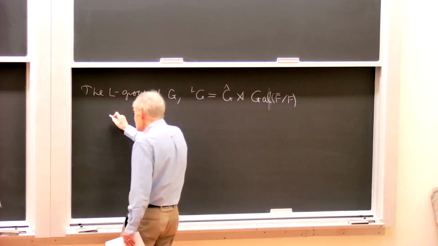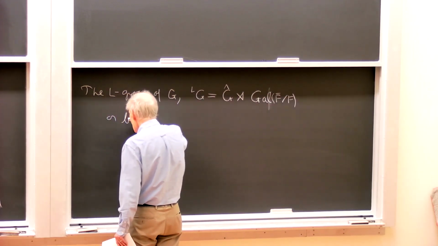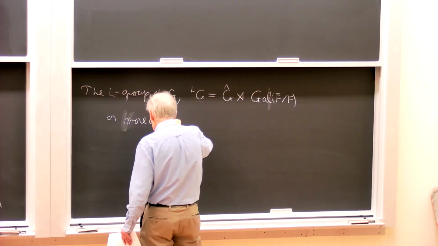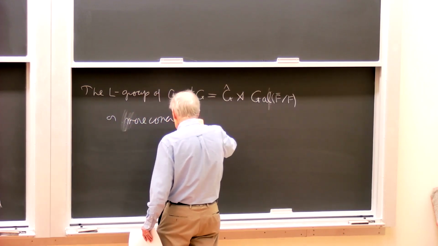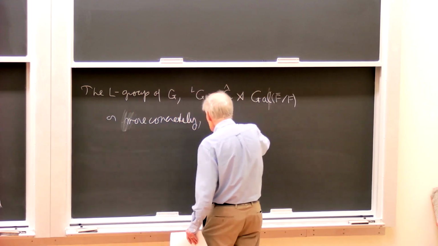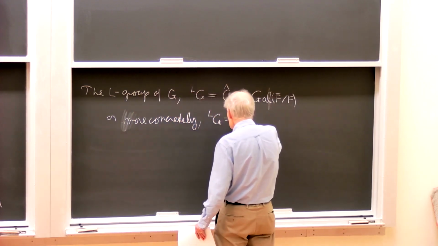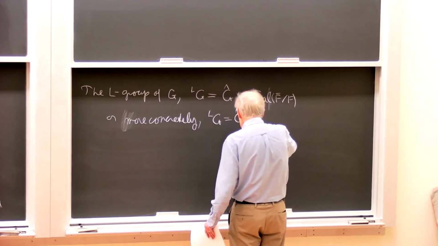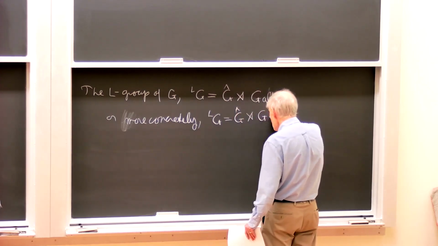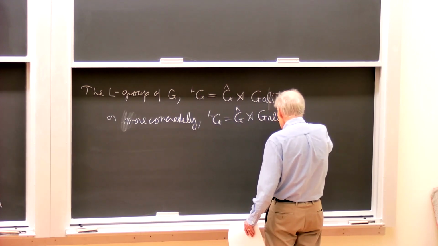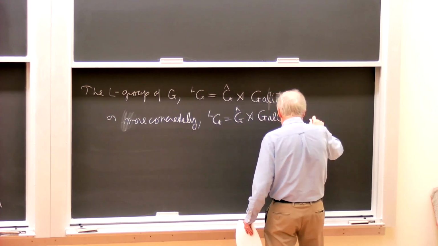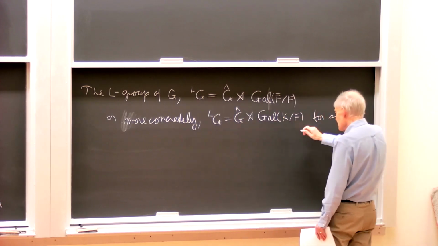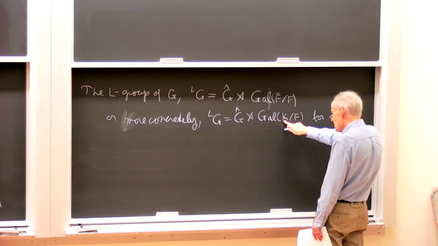So let's just say, or more concretely, the L group is equal to the dual group with an action of the Galois group of K over F for some finite Galois extension K over F.